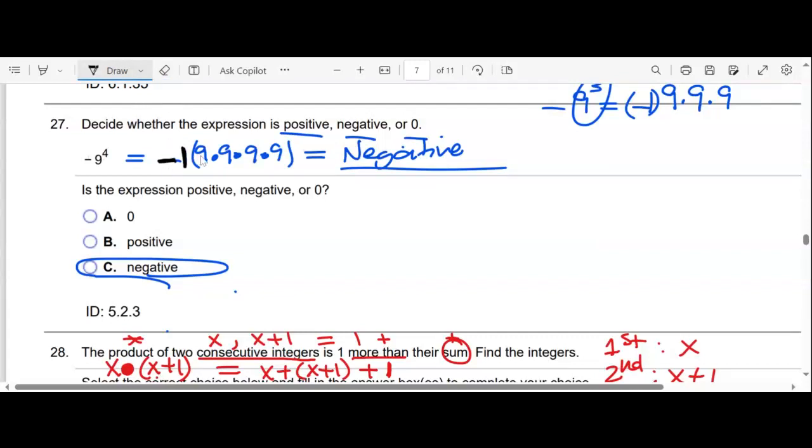Then 9 is repeated how many times? So the answer will be negative or positive? Positive. So your answer is negative. Negative, not positive. Why negative? Because the negative 1 is outside. It has nothing to do with the 9. Clear? Okay, next question.